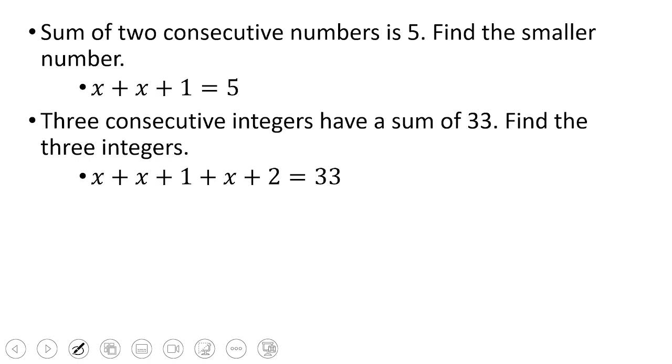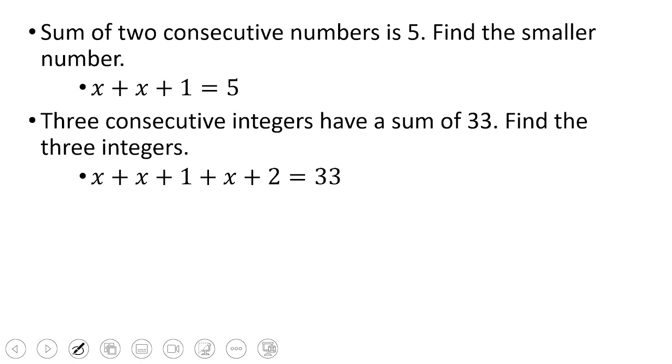So let's have here an example. The problem will be stated this way: the sum of two consecutive numbers is 5. Find the smaller number. Of course, this one is a very simple problem. To illustrate, the sum of two consecutive numbers, so you have x plus x plus 1, and this is equal to 5.